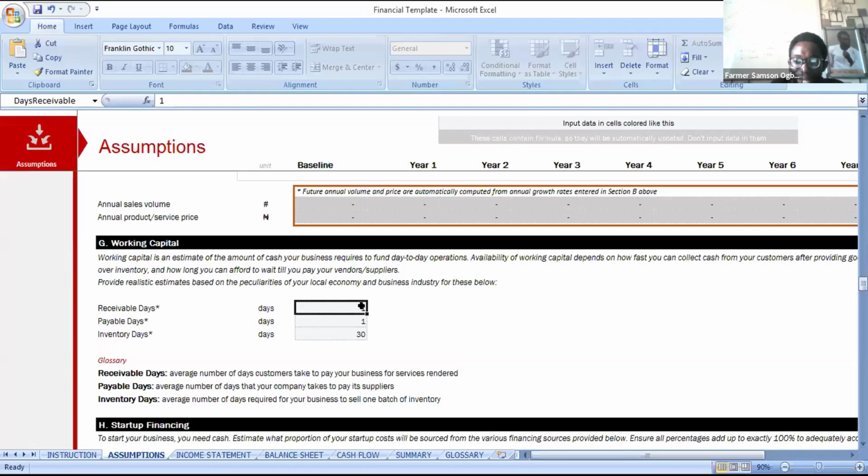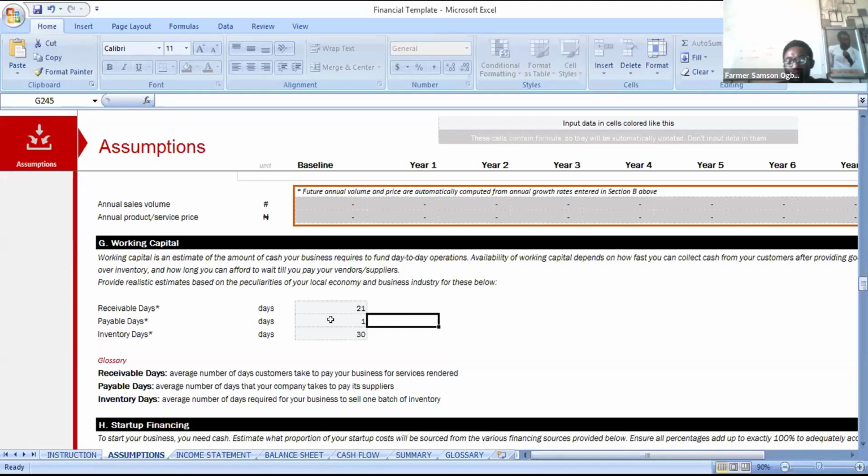If no day passes, if it is pay as you shop, it is 0. But if in your kind of business it will take 3 weeks, then you convert it to days: 3 times 7, 21 days. Then your payable days is the average number of days it takes you to pay your supplier.